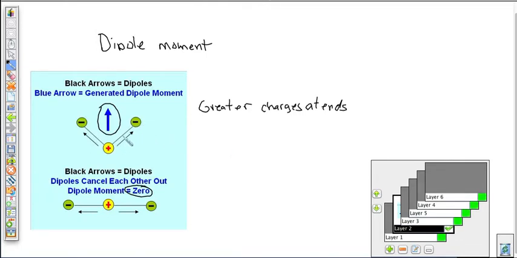If my positive and negative are right on top of each other, they tend to cancel each other out. But if I move them way apart, I have a definite positive and negative end. Therefore, dipole moment is linked to the size of the charges, which is linked to the differences in electronegativity, and also to the distance between the charges at either end.